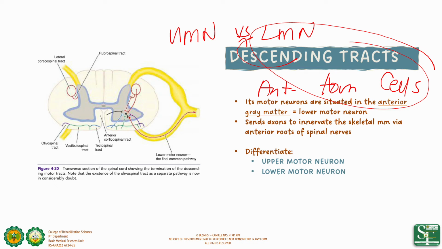Okay? Kapag anterior horn cells and above, that's your upper motor neuron. Kapag anterior horn cells and below, that's your lower motor neuron. Okay? Wala na tayong i-discuss dito na mga substantia gelatinosa kasi tapos na tayo sa sensory function. Nasa motor na tayo. So, ang maririnig nyo naman is anterior horn cells. Alright?